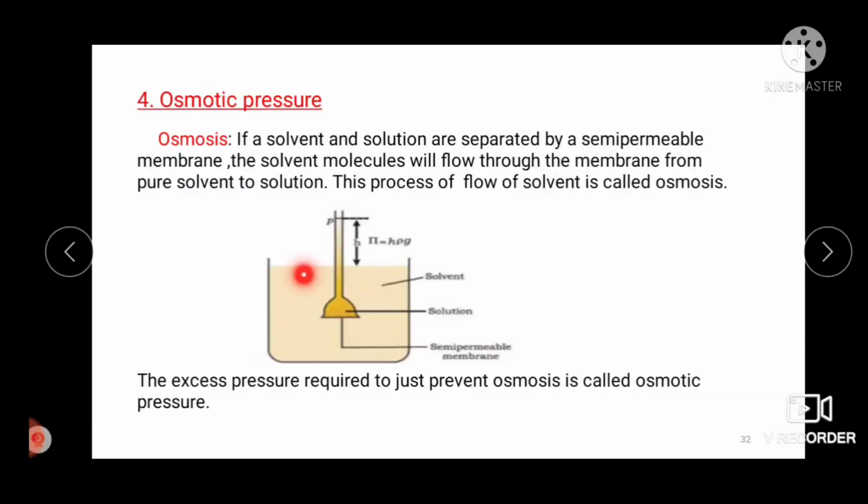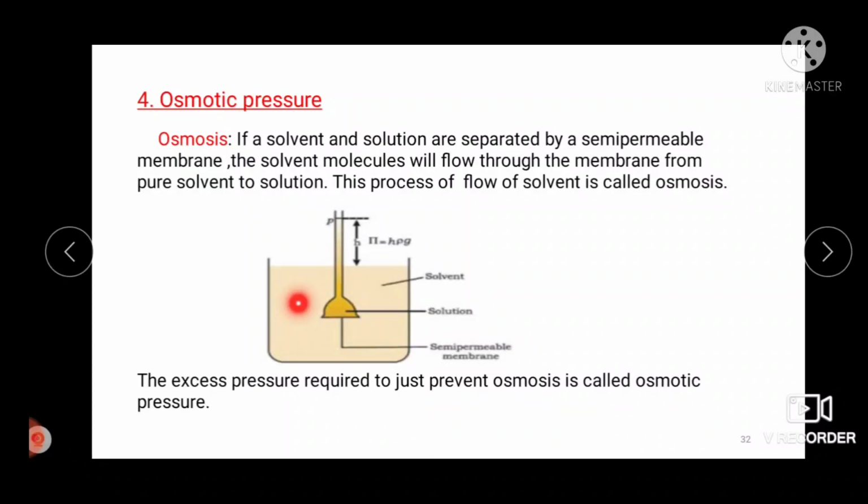Solvent molecules, that is water molecules, can flow in both directions through the membrane, but a greater flow is observed from the pure solvent into the solution than in the reverse direction. The overall effect is a net flow of solvent into the solution.